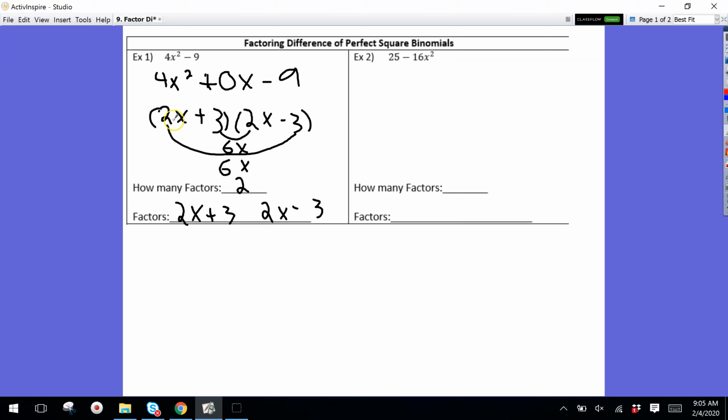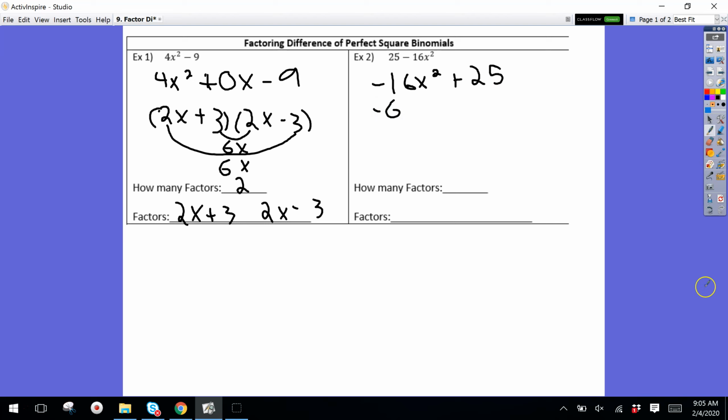When we factor, our x's need to be in the front. So we're going to rewrite this as negative 16x squared plus 25. And just for the sake of it, we put that 0x in so that we remember what we're trying to do.